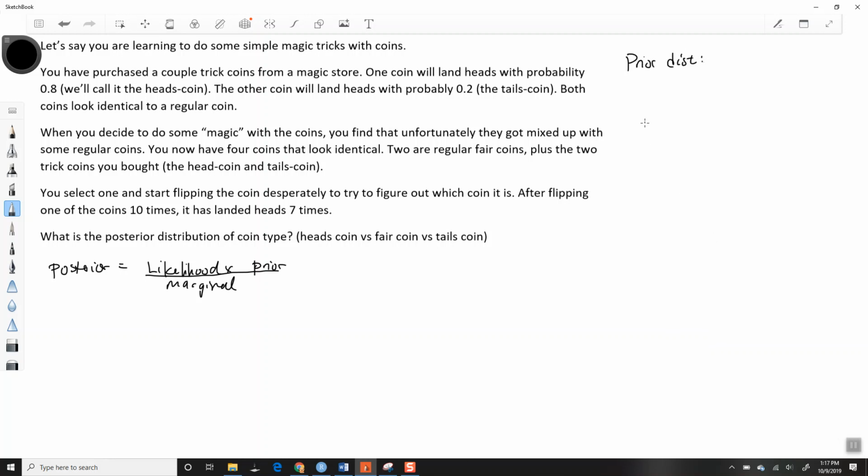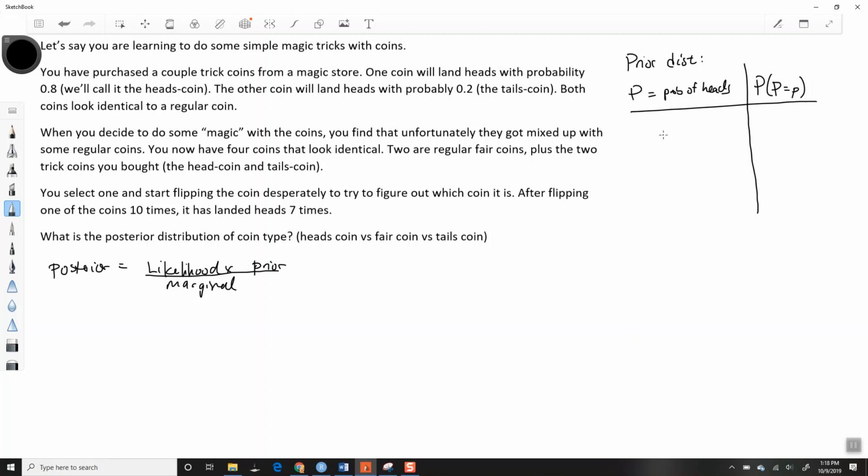will look like this. We can say P, which is going to be the probability of heads, this is technically something like that.